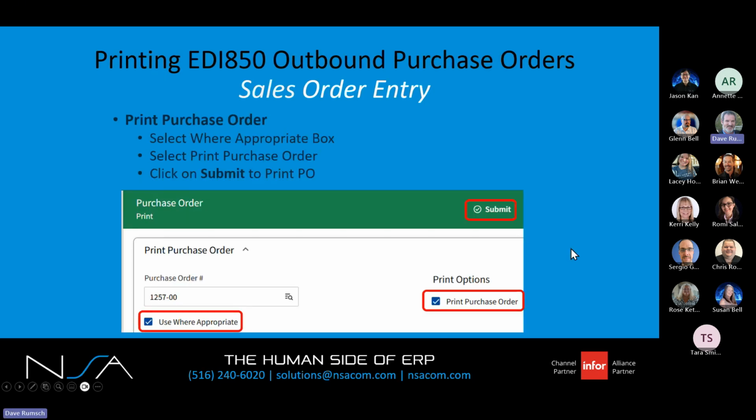That will pop up my purchase order print function that looks identical to what it is in purchase order entry. Again, you're going to select where appropriate. You're going to check the print purchase order box and you'll click submit. That will again send that transaction through the software to be printed to ION.